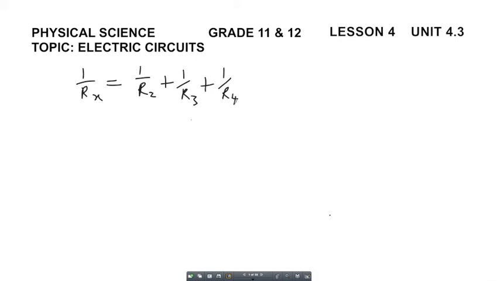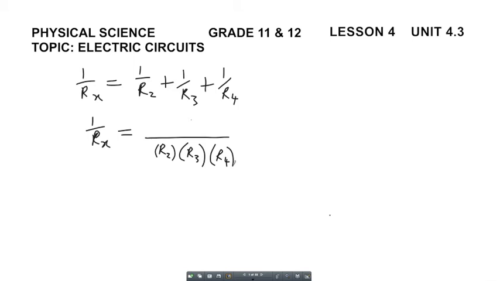Therefore, if we simplify the right side, this is 1 over Rx, which equals, we look at the LCM, the lowest common multiple of R2, R3, and R4. So therefore, I'll write R2, R3, and then R4. Because we are looking at the variables that will go into R2, R3, and R4.